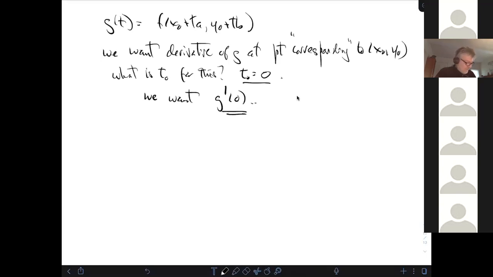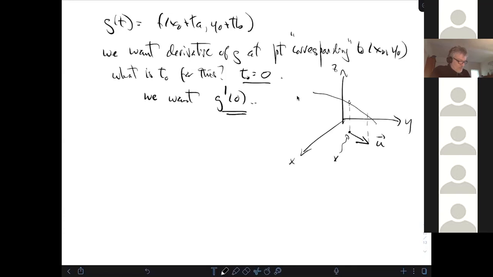If I redraw this, I've got this point, I've got my vector u like that, and I've got my curve like this. So this is the point x0, y0, and this happens at t equals 0 for g. And I want the slope of the tangent here.